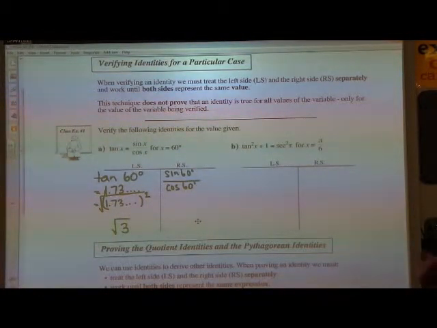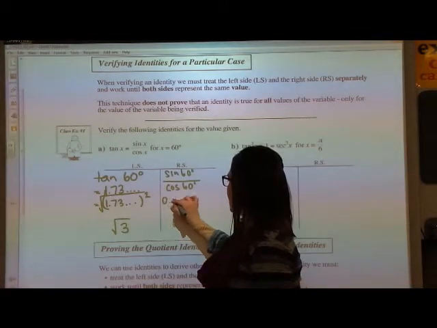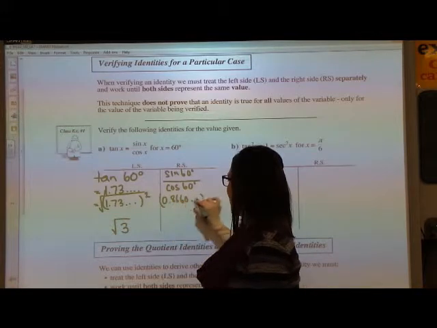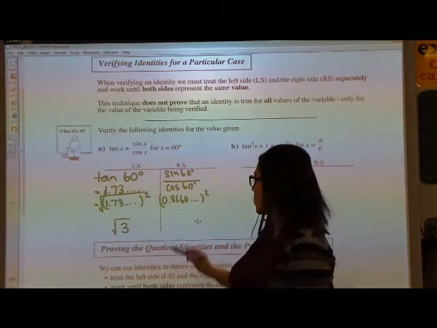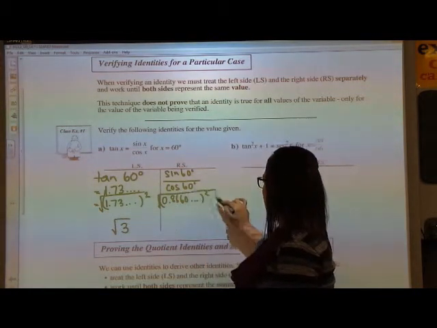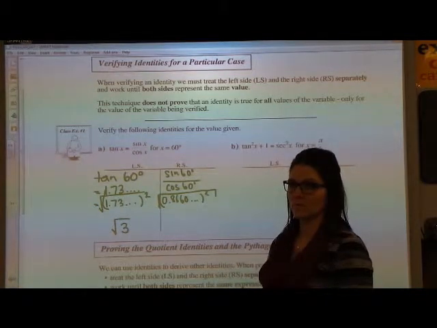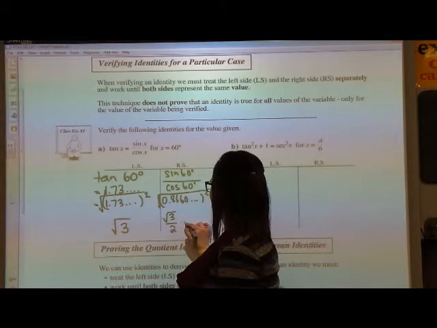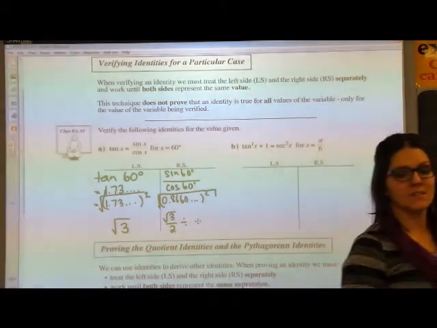I get 0.8660. So square that number, and then square root that number. I wrote root 3 over 2. Okay? And what about cos 60?